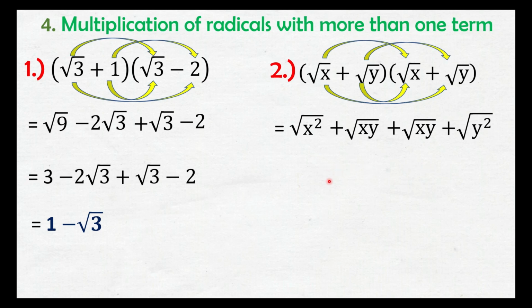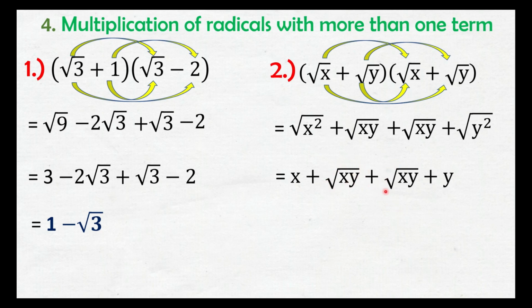So, dito, square root natin si x square tsaka si y square since perfect square sila, di ba? So, makuha natin ay x at y. Square root of x square, that's x. Square root of y square, that is y. By applying first law of radicals. And then, similar radicals ito, square root of xy tsaka square root of xy. So, pwede natin i-combine yan.